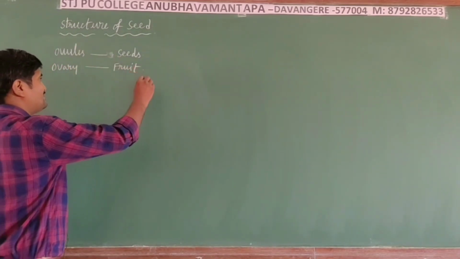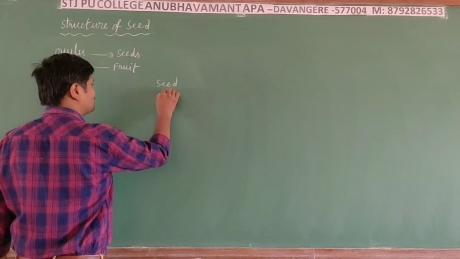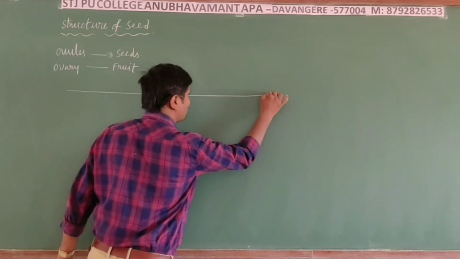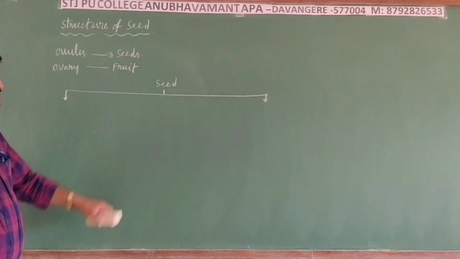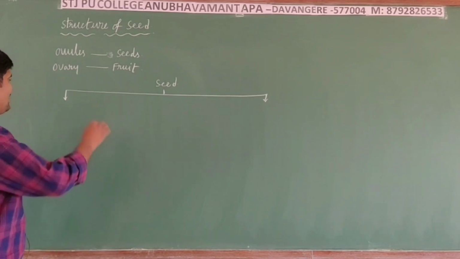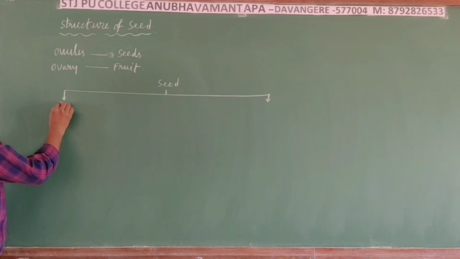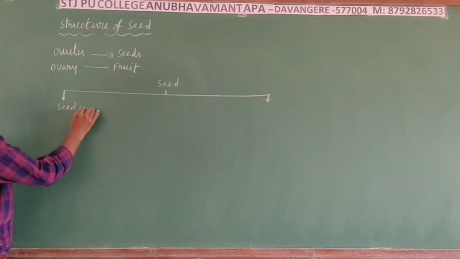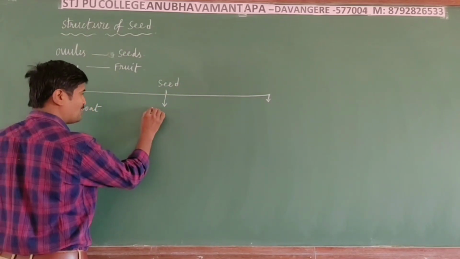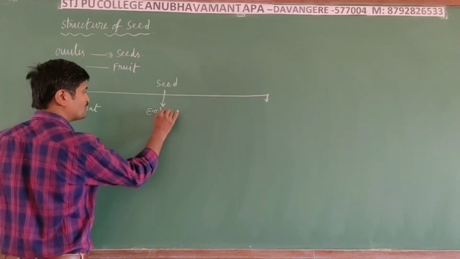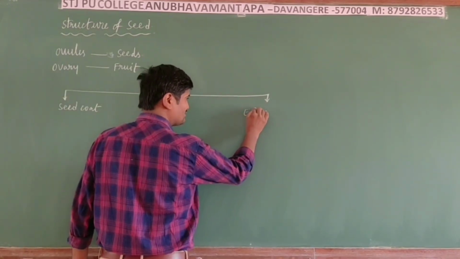So the structure of the seed consists of three parts. One is a seed coat, second one is an embryo, and third one is endosperm.